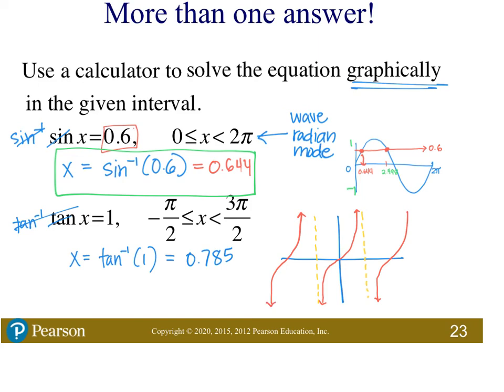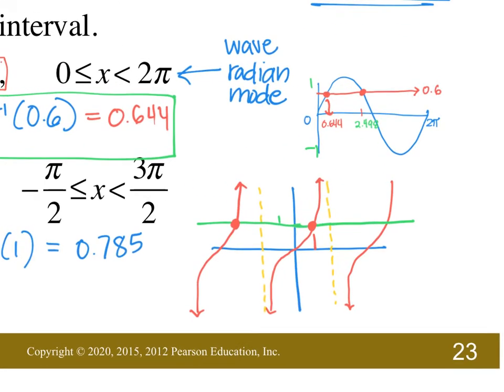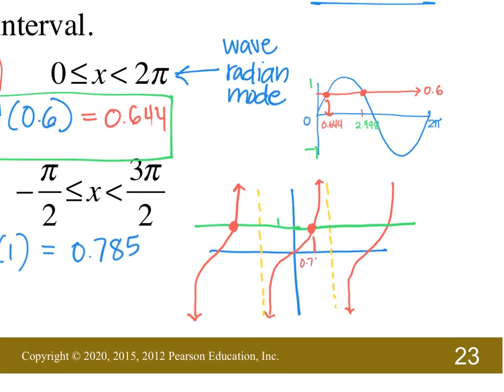But I also want to put on a value of 1. And that's going to give me multiple intersection points. It'll give me an intersection point to the left of the y-axis. It will give me another intersection point. That's the 0.785. And then there will be another intersection point over here before we hit another asymptote.